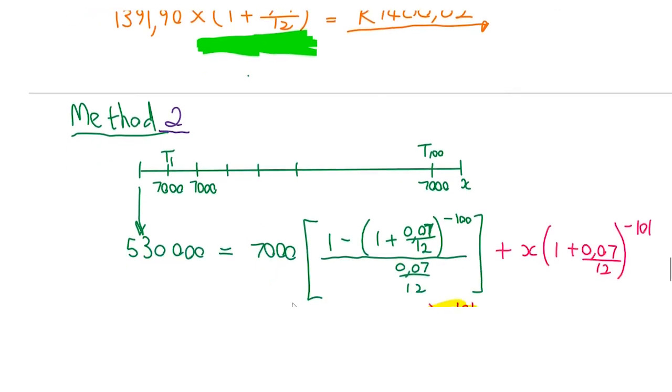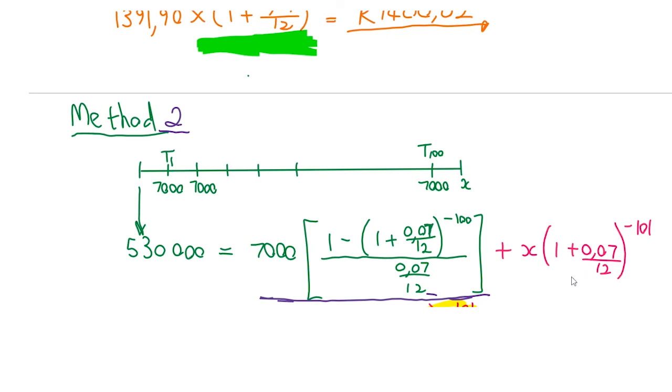So what we've got here in green is the present value of all 100 payments of 7,000 Rand. This is the last payment, and we need to discount it by 101 months to bring it back into today's terms, in other words, without interest. The present value of it.